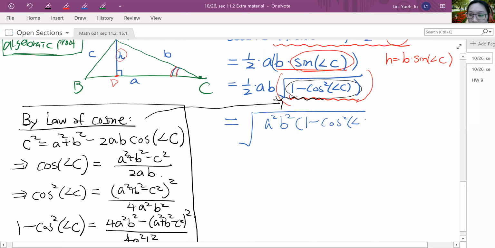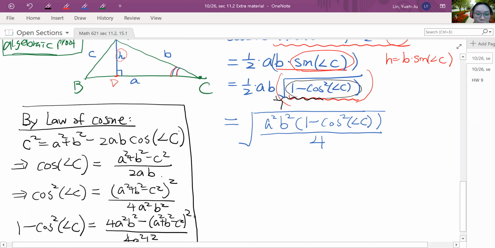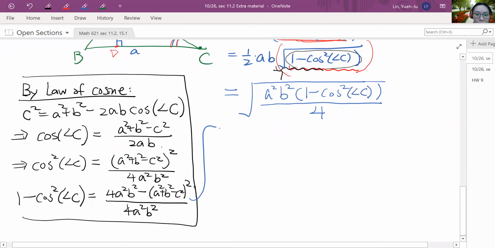I haven't plugged in yet, I'm just writing everything under the square root. So essentially I put 1/2 ab inside the square root. Now I'm going to really plug in and see what happens.